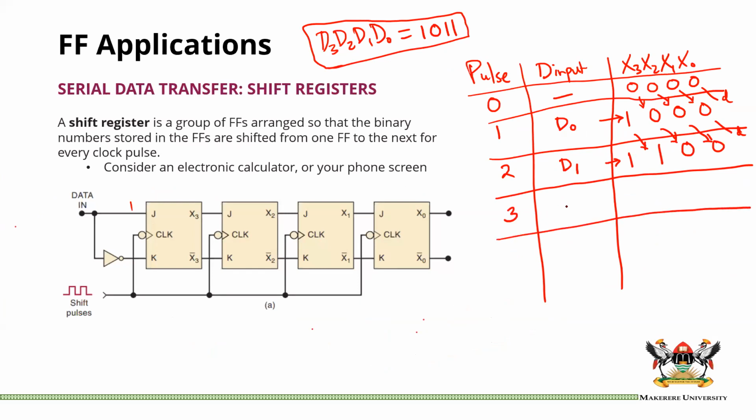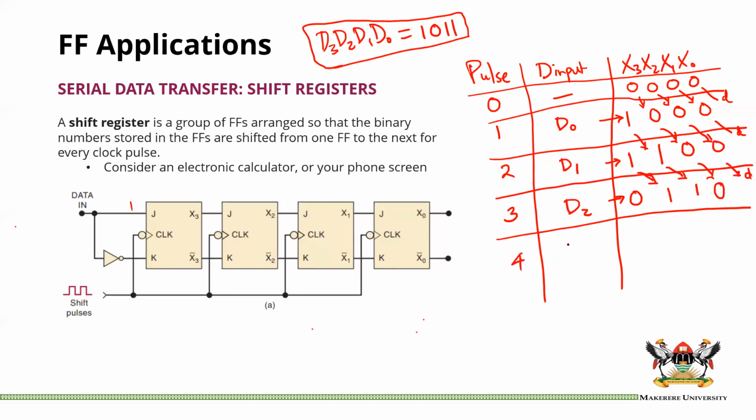When you have your third pulse, you better have applied D2, and D2 is a 0, so you have a 0 pushing into X3. What is at X3 should go into X2. What is at X2 goes into X1. What is at X1 goes into X0, and what was previously at X0 is discarded.